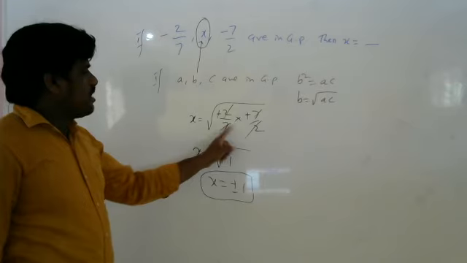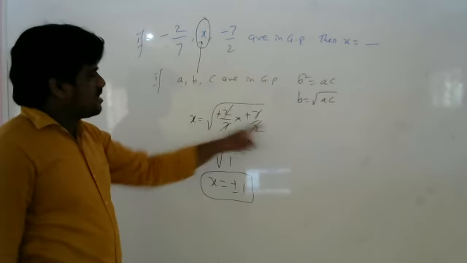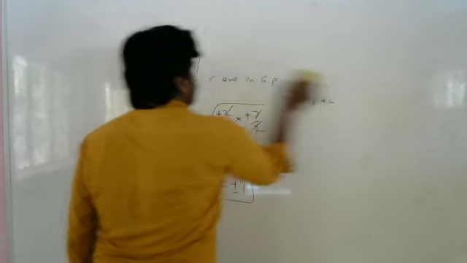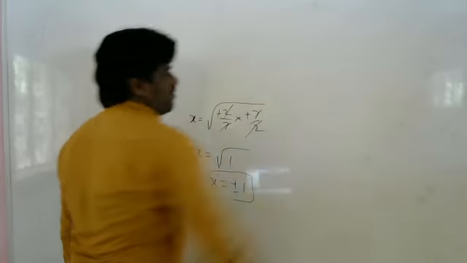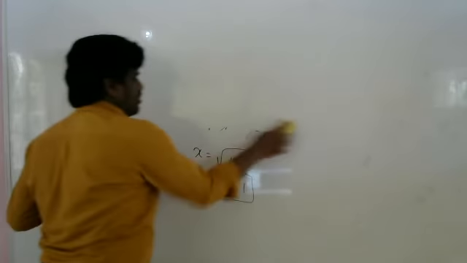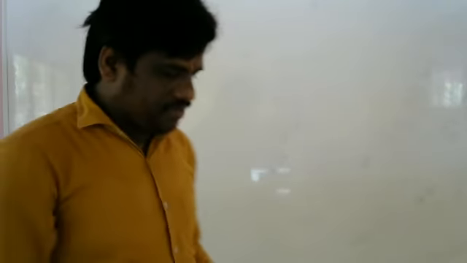We can write b square equal to AC. A is this, C is this, cancel everything, and the x value is plus or minus 1. Please note everything down, otherwise take a screenshot. Have you copied everyone?